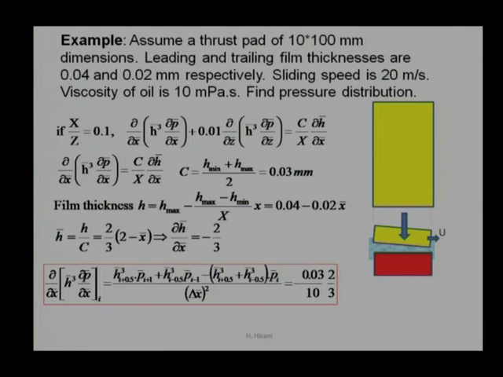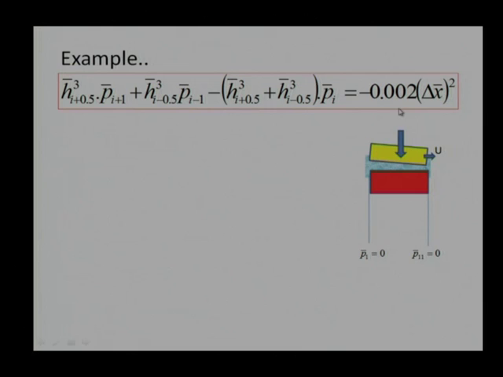When we substitute those values, I can figure out h bar 1, which in this case will be 0, and h bar 2 will be based on the 0.1 value of x. So, we can calculate that, and the expression can be written something like this.